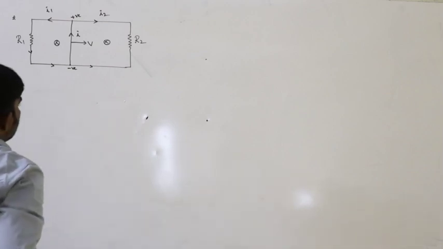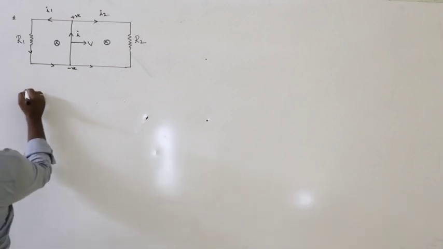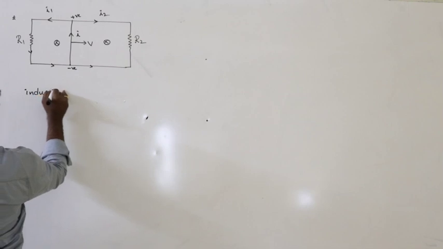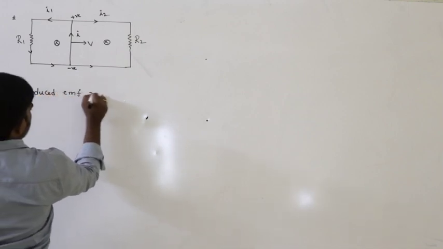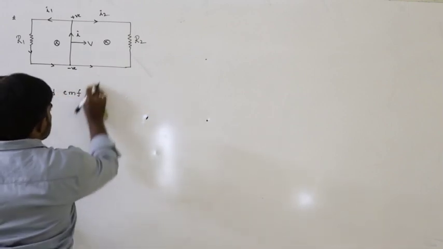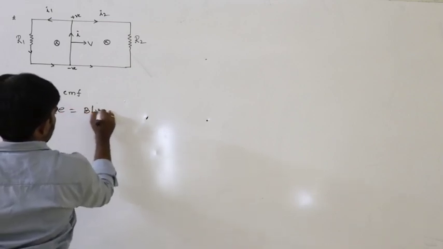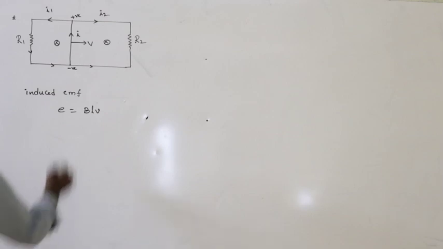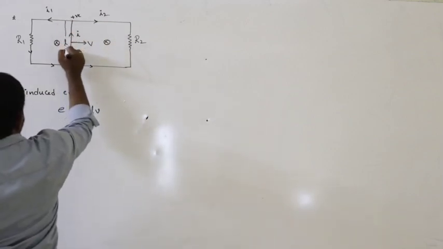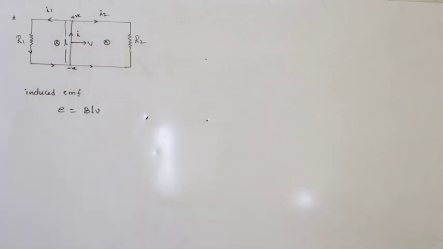So what is the induced EMF here? We know induced EMF is generally BLV, where L is the length of the conductor, B is the magnetic field and V is the velocity of the conductor.